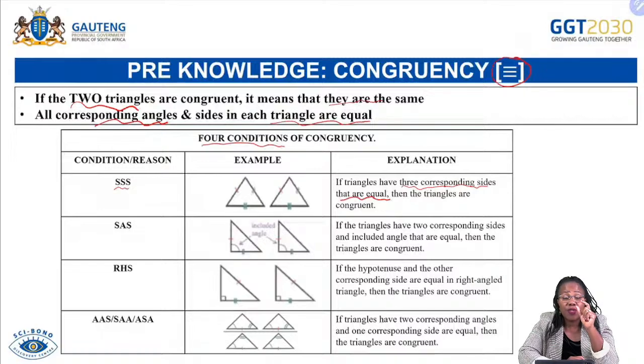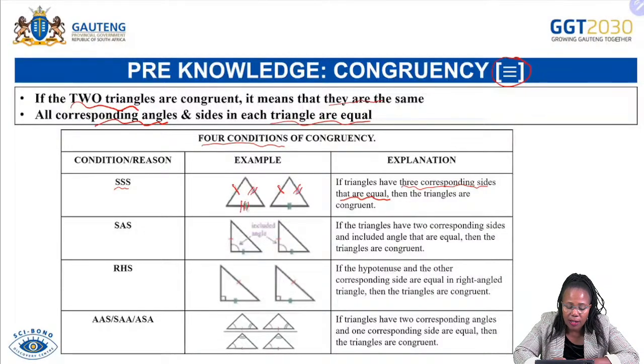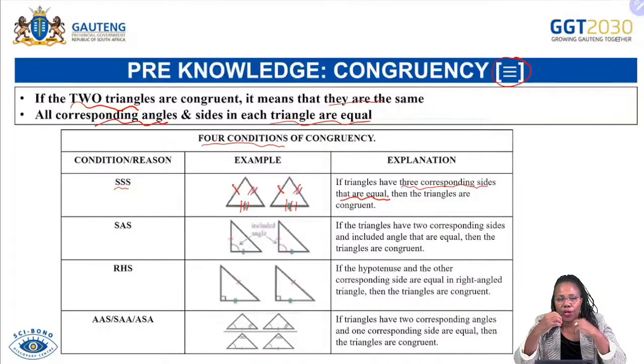The reason for that will be side, side, side, because you have indicated that this side is equal to that one, this one corresponds with that one and is equal, and then we have the last one being equal there. If that is the case, you can prove those sides are equal. Therefore, you can conclude that these two triangles are congruent, and the reason will be side, side, side.